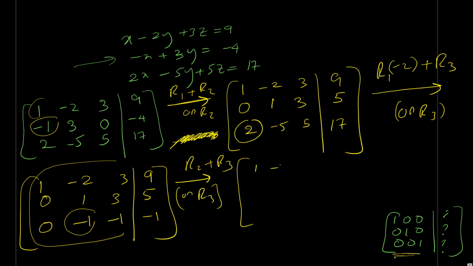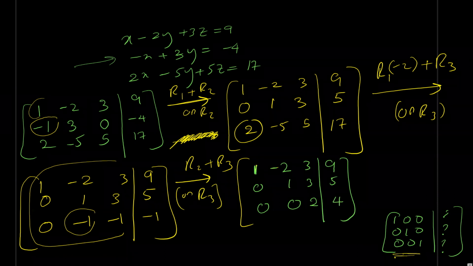So 1, negative 2, 3 and 9, I don't change that. Second one, I don't change, 1, 0, 1, 3, 5. Third one, I replace that by adding R2 and R3. So 0 plus 0, 0, 1 plus negative 1, 0, 3 plus negative 2, 2, 5 plus negative 1, 4.